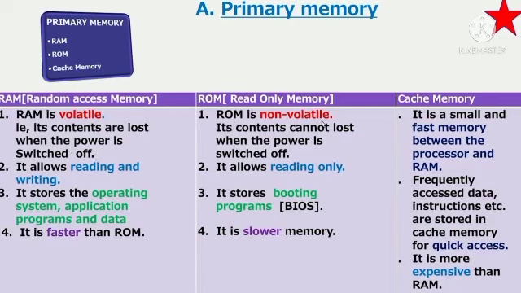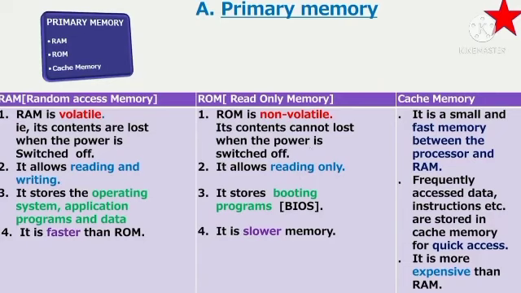Okay. In the case of RAM, it allows reading and writing. But in the case of ROM, it allows only reading. And RAM stores the operating system, application programs and data. In the case of ROM, it stores the booting programs, basic input-output system programs.